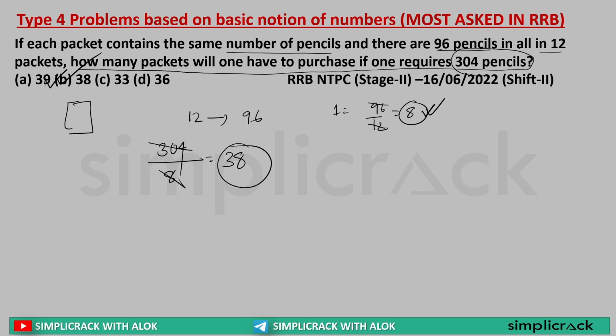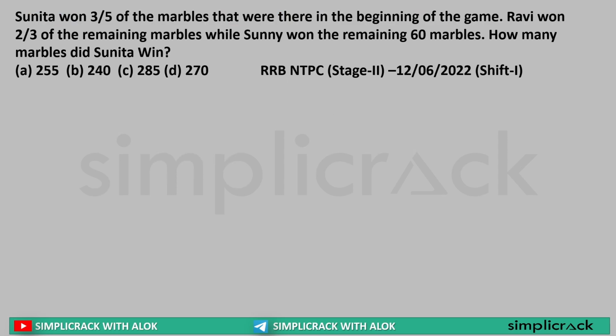Clear? Very easy. Next. Sunita won 3 by 5 of the marbles that were in the beginning of the game. Ravi won 2 by 3 of the remaining marbles, while Sunny won the remaining 60 marbles. How many marbles did Sunita win? Now understand this. What is happening here?